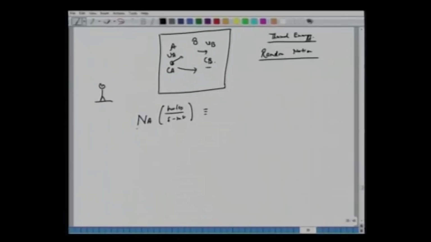Most fundamental would be NA, moles per second per meter square, is equal to VA CA. So this is the velocity, meter per second, and this is a concentration, moles per cubic meter. So we have this flux. So at any plane, if I draw here, what is the flux? I can measure it as VA CA, stationary observer.